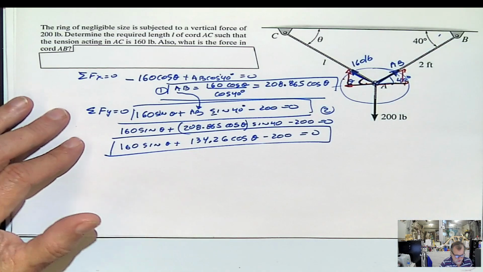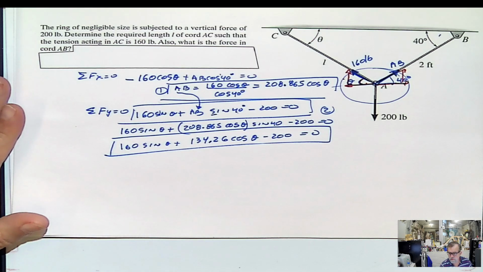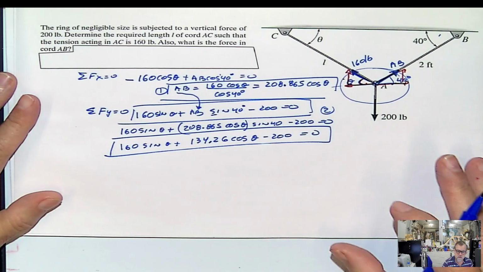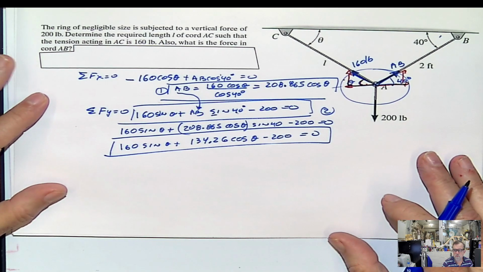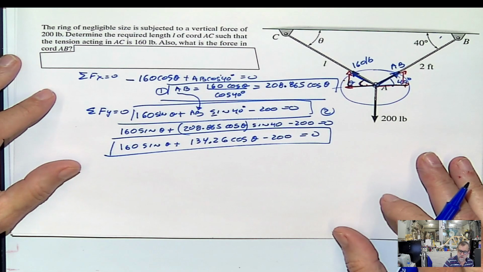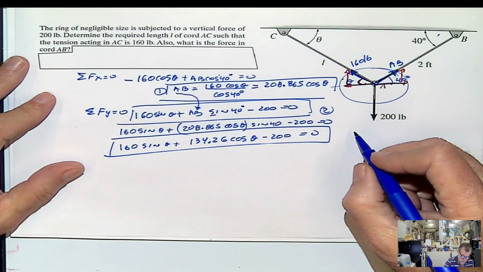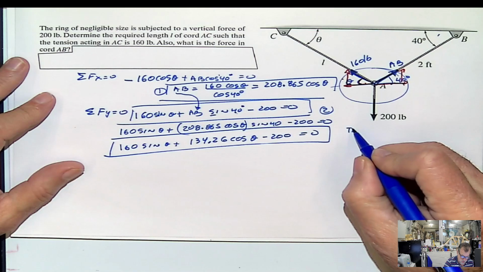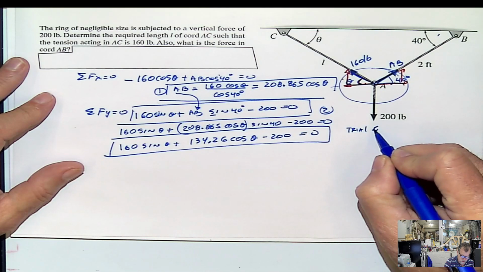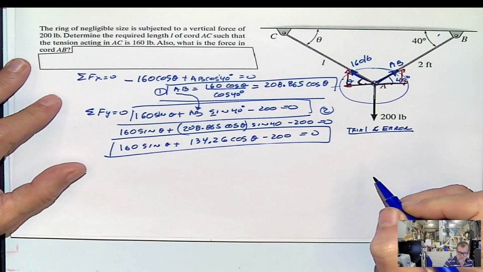How do you solve this system of equations? Well, you can solve this system of equations by using trigonometric identities and trying to go crazy, and maybe 5, 7, 8 hours after that you have the solution, or you can use the good old faithful trial and error method.